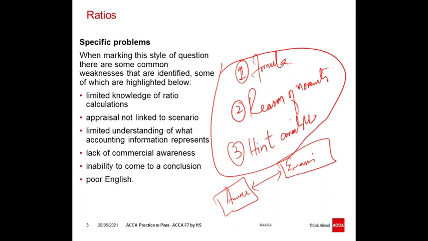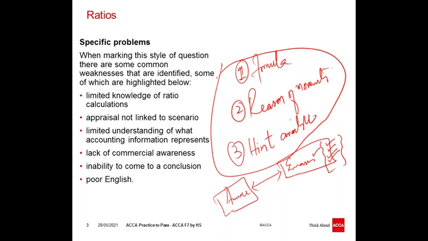Remember this point: the examiner is a qualified person. He has got a number of years of experience. So the interpretation that he writes will not be possible for you as a student to write in the examination. So you don't need to worry about the comments written in the past papers or the examiner's report.